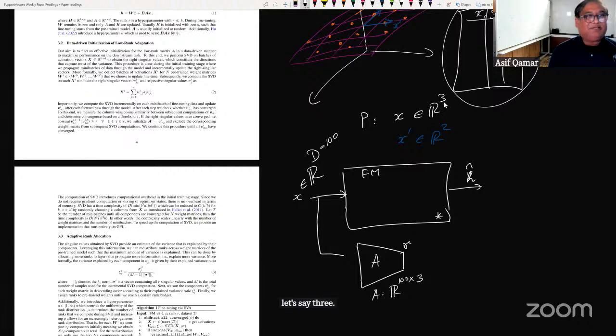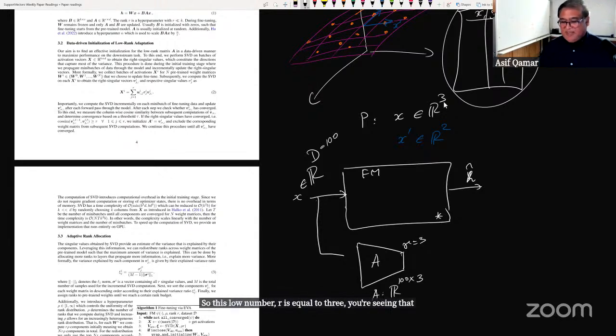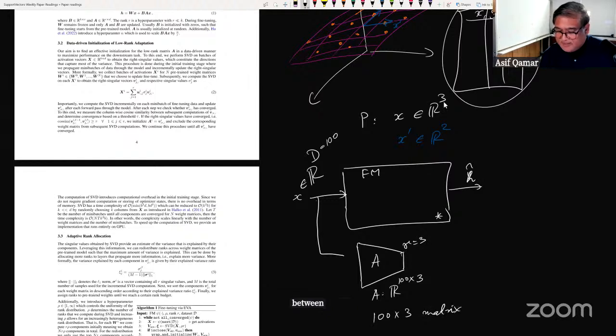I just took a very small number, 3. So you're saying that I am taking a 100 cross 3 matrix, and this matrix is A. And you take the converse of it, B, which is a 3 cross 100 matrix.